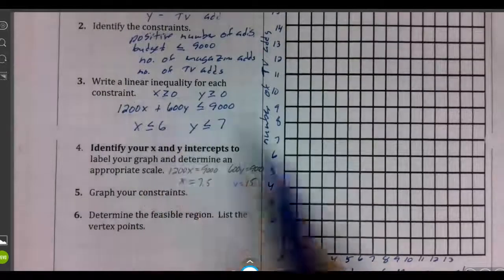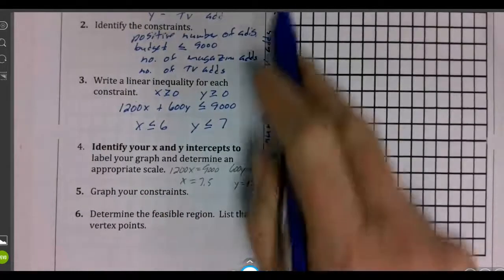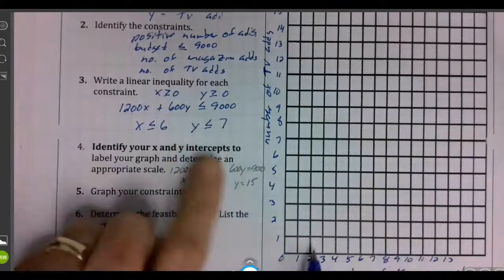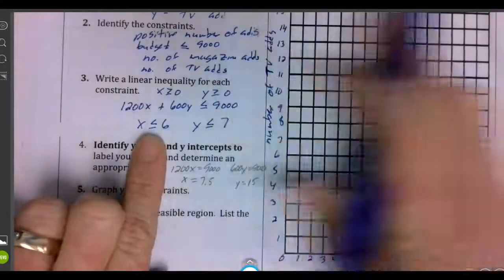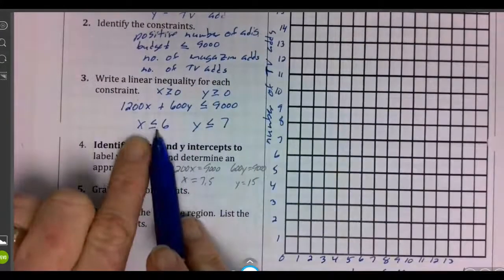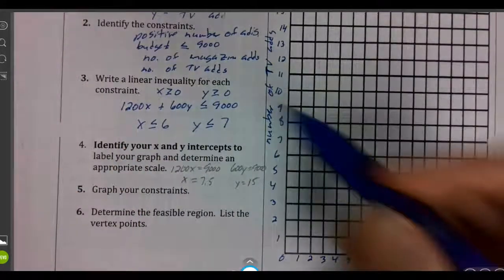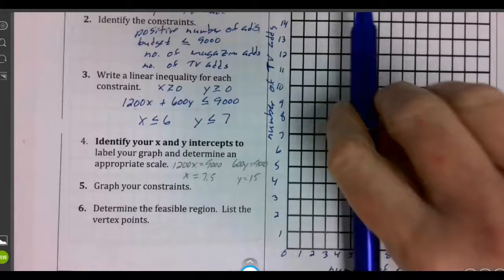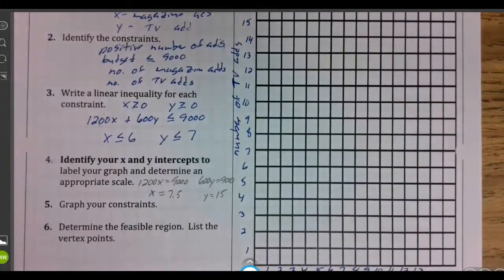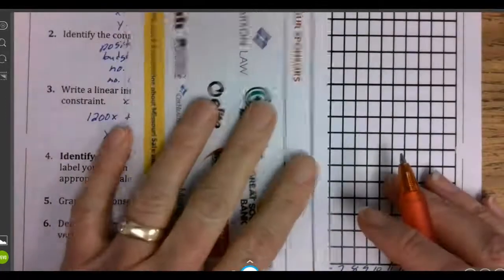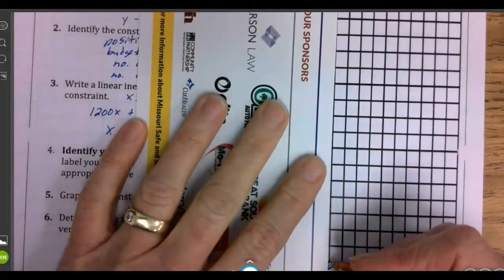Okay, here we go. Let's graph everything that we have. To graph the X and the Y, luckily we can just use our X is greater than 0 there, Y is greater than 0 there. So now let's graph X is less than 6. X, remember, means it's going to be a vertical line. So at 6, I'm going to go just straight up from 6. And where is my straight edge? So here is that line.